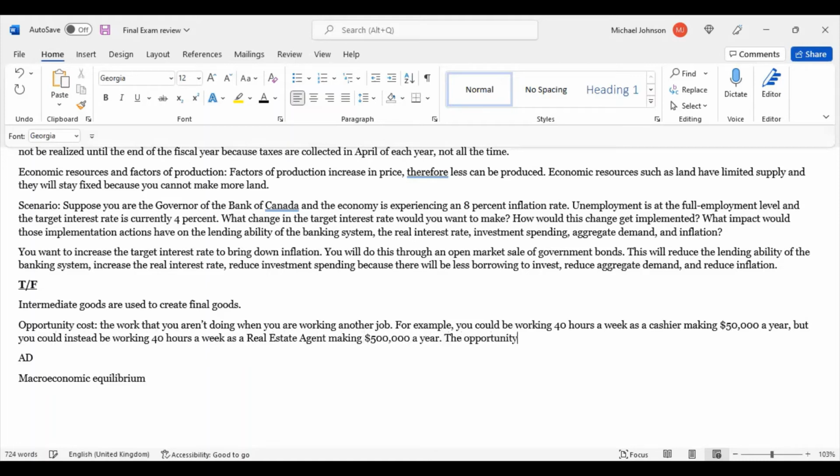The opportunity cost is the missed wages of working one job instead.